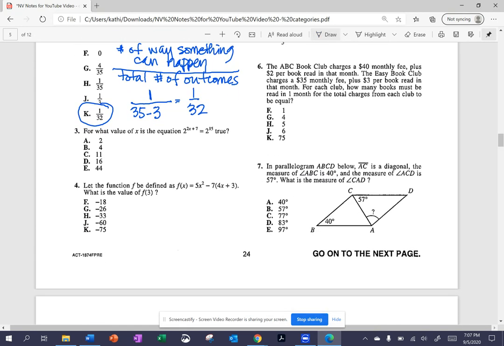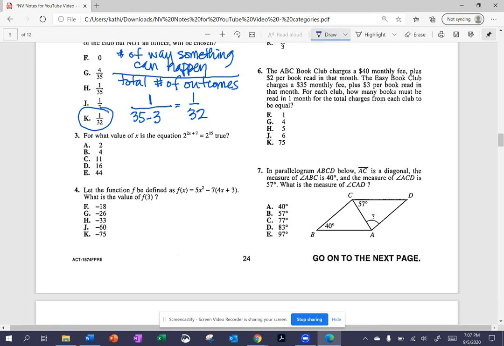Number 3. For what value of x is the equation 2 raised to the power 2x plus 7 equal to 2 to the 15th power? When my bases are the same, then my exponents are equal.